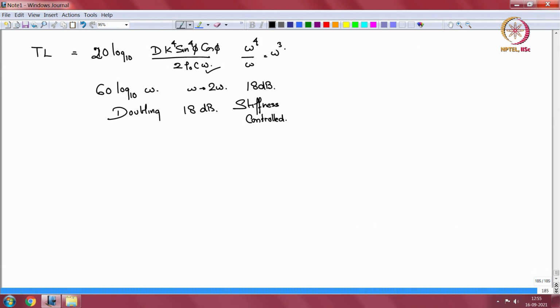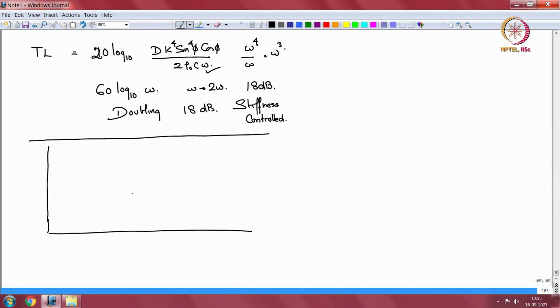So what is the picture now? Okay, so the picture now is this here. So we have transmission loss. Okay, so at a certain angle phi, we have the mass law, and let me pull this a little longer.